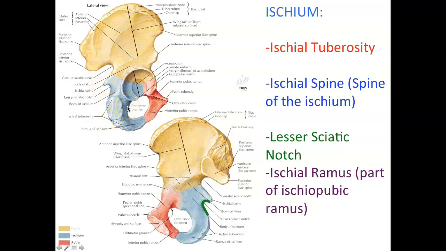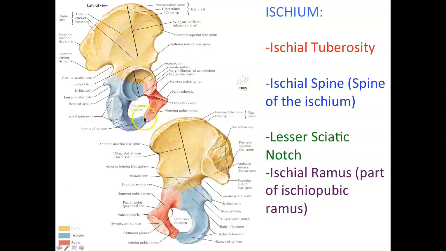Okay, next part can also be a little bit challenging for students. Whenever you see this word ramus, it means branch. We have two portions of our bones coming together here: the ischium coming together with the pubic bone. When they come together, this entire thing is known as the ischiopubic ramus.